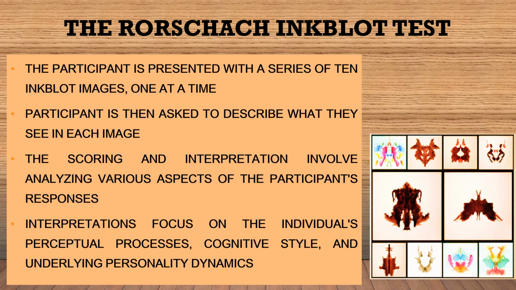The responses are categorized and scored based on an established scoring system, such as the comprehensive system developed by John Exner. Interpretations focus on the individual's perceptual process, cognitive style, and underlying personality dynamics.